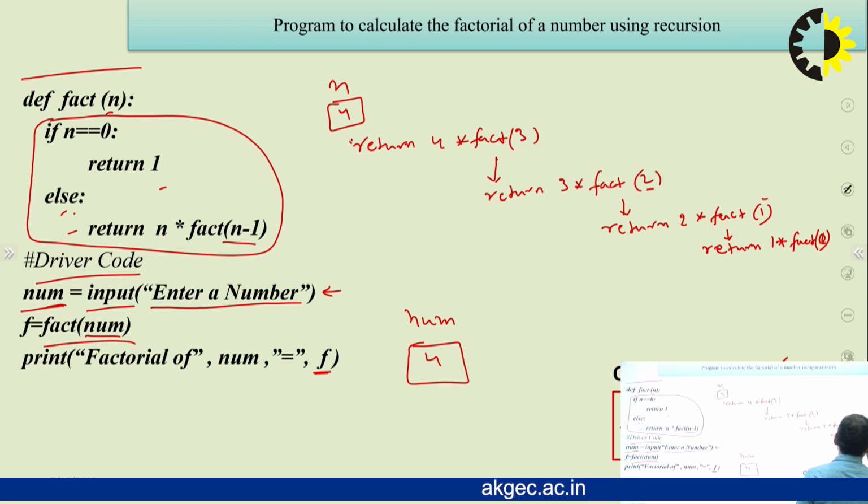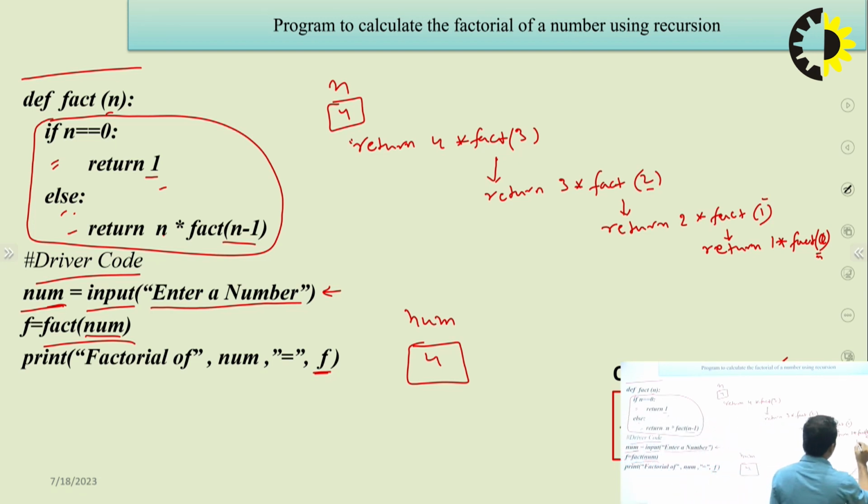Now, n is 0. So for n is 0, the if block will be executed, and this will return 1 to the place of calling. This stops the recursive calling. Now calculate 1 into 1, that is 1, and return 1 to its caller, so at this place we will find 1.